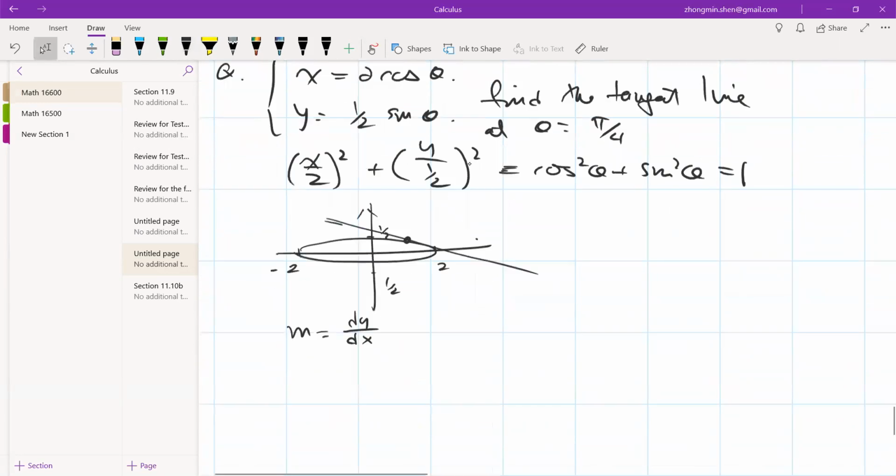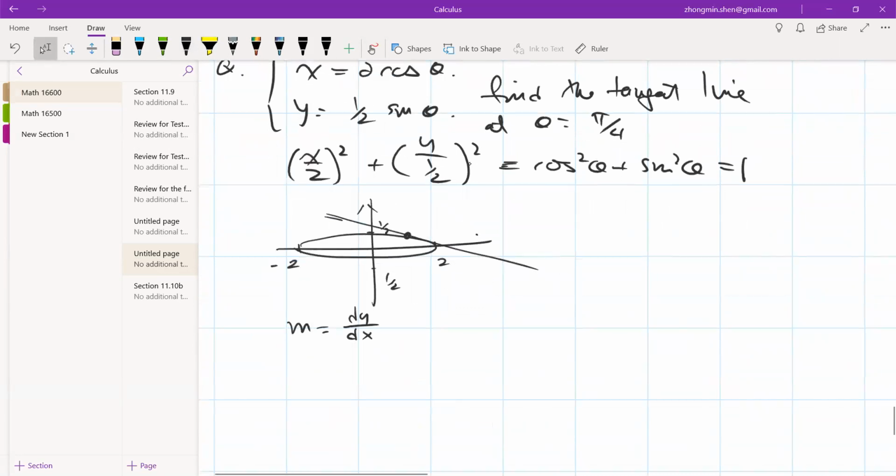You can find the slope at that particular point if you're able to solve for y in terms of x. But I don't want to do that. But first of all, let's find the point.